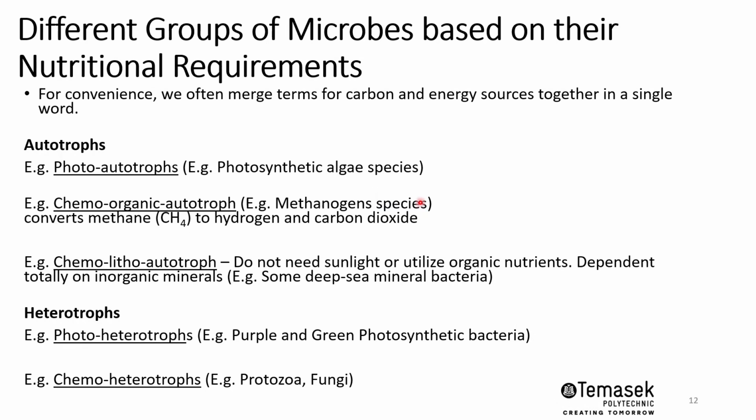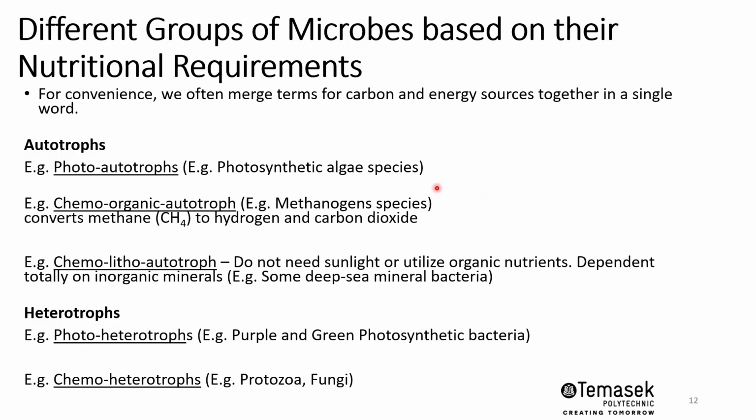These are examples like photosynthetic algae species, plants, and cyanobacteria as well. The carbon source for them is still carbon dioxide, but the energy source for these photoautotrophs is the sunlight itself.